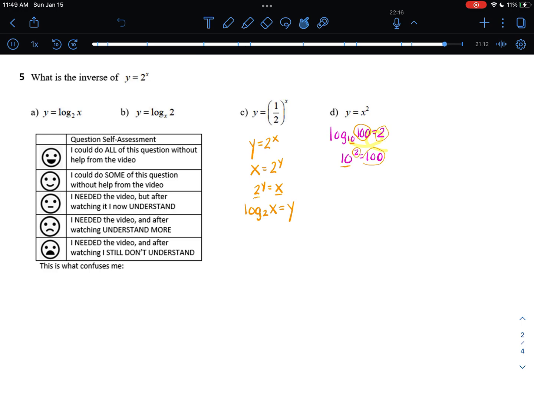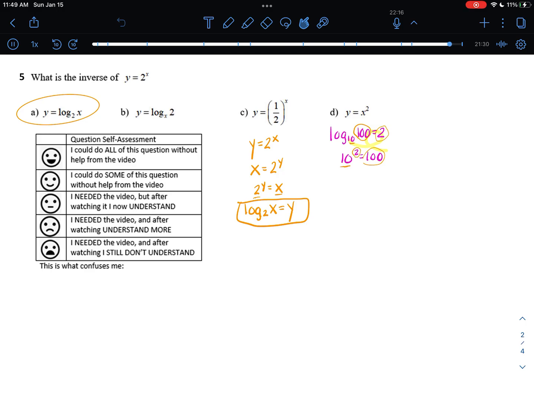So I'm going to see if this is one of the answers shown there, because now I have this in y equals, and I have y equals log to the base 2 of x. That is letter A. And I'm done.